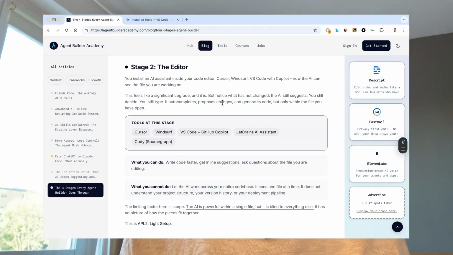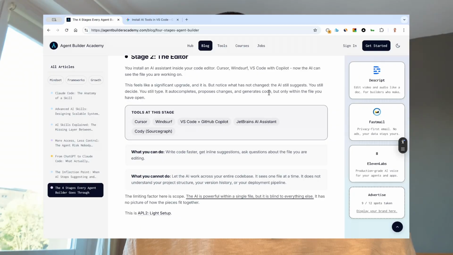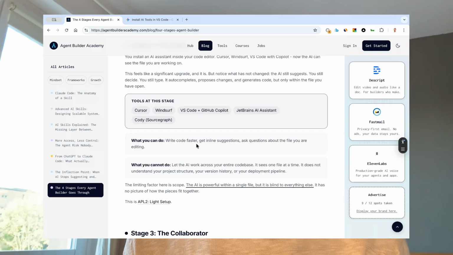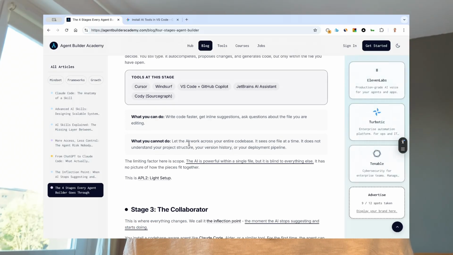So it has basically access to certain sections. It doesn't have the full context, but it has access to a specific section. It helps you to write code faster, get inline suggestions, and ask questions about the file you are editing. That's what you can do.